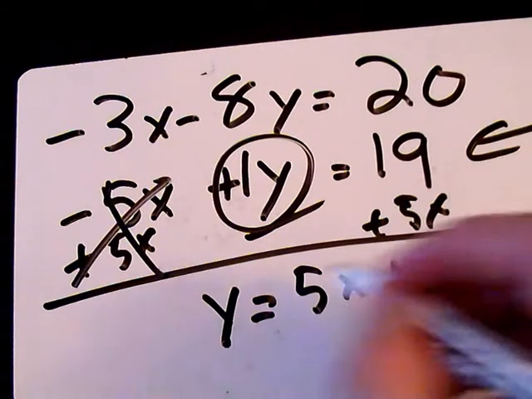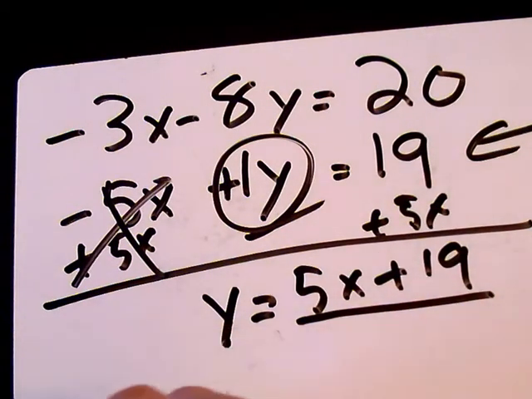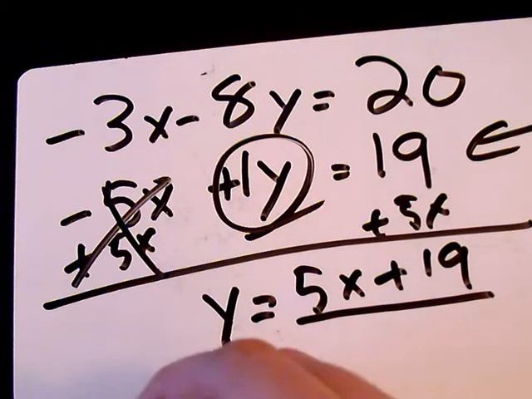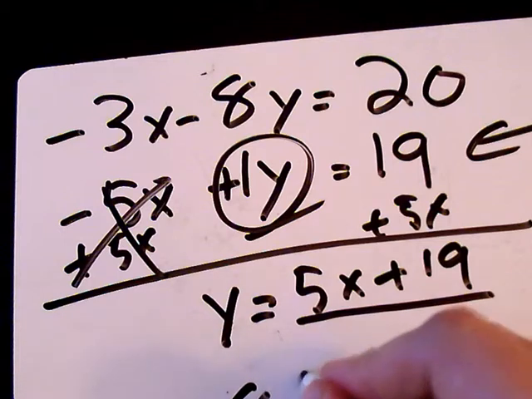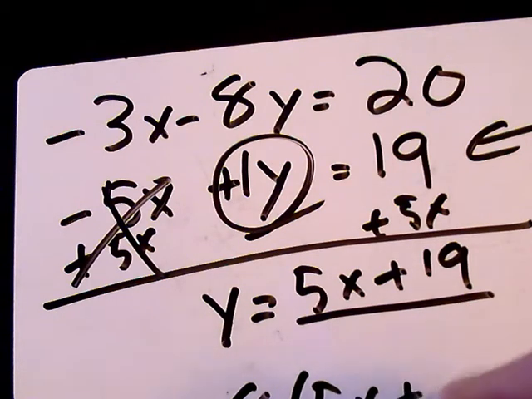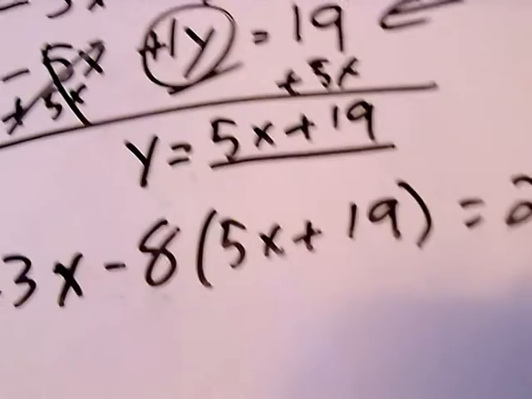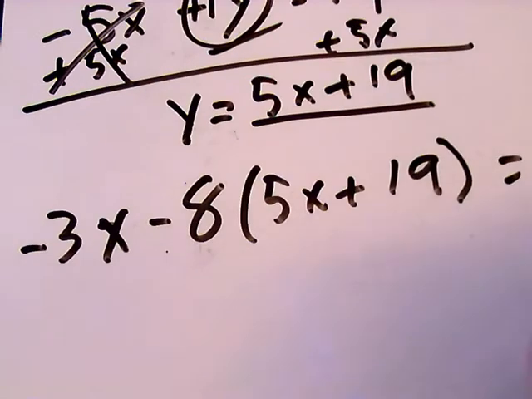So we can see here, we have our y equals. All you have to do is plug it in. It looks really long, but if you just follow simple math, it'll all make sense.